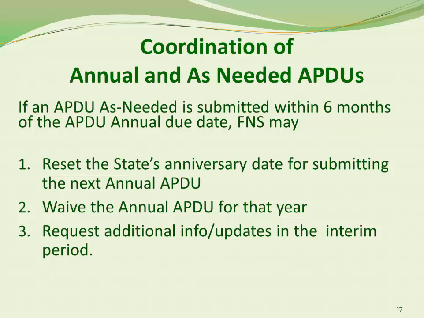FNS may either reset the state's anniversary date for submitting its next annual APDU from the date of the original APD approval to that of the APDU as needed approval, or waive the annual APDU approval date for that year, as long as the budget submitted for the APDU as needed covers the full period. FNS reserves the right to request additional information or updates in the interim. Please contact us for more assistance.